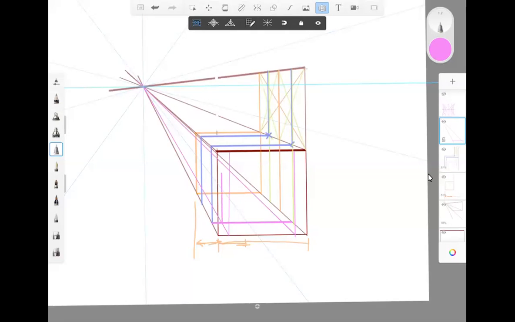Pull up here, pull up there. So now we have the width of the chair leg that way and this way. This actually should go up higher.